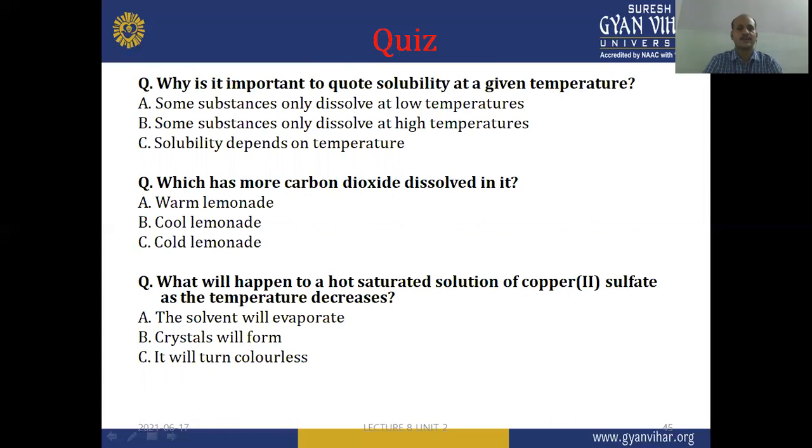Next question: which has more carbon dioxide dissolved in it, warm lemonade or cold lemonade? The next question is: what will happen to a hot saturated solution of copper sulfate if the temperature decreases? The solvent will evaporate, crystals will form, or it will turn colorless. So you can give the correct answer.